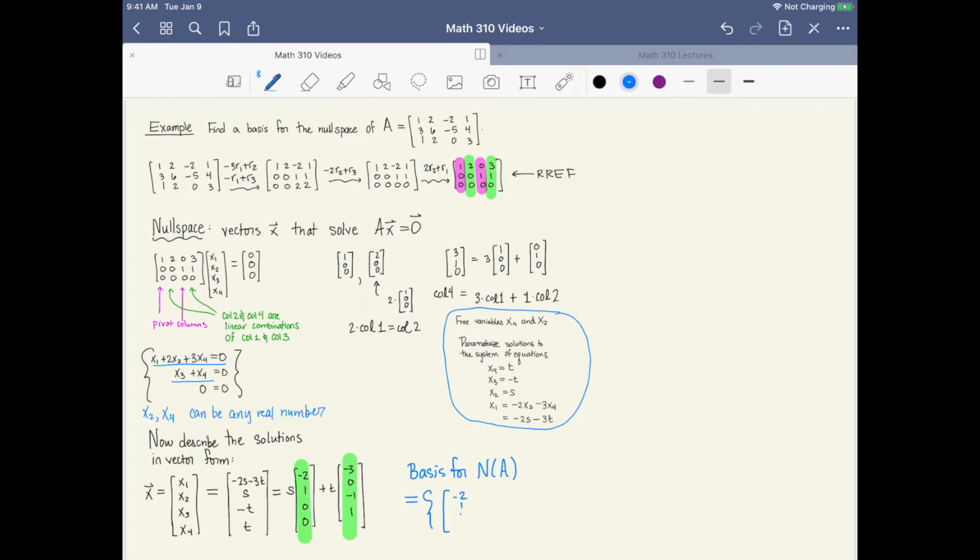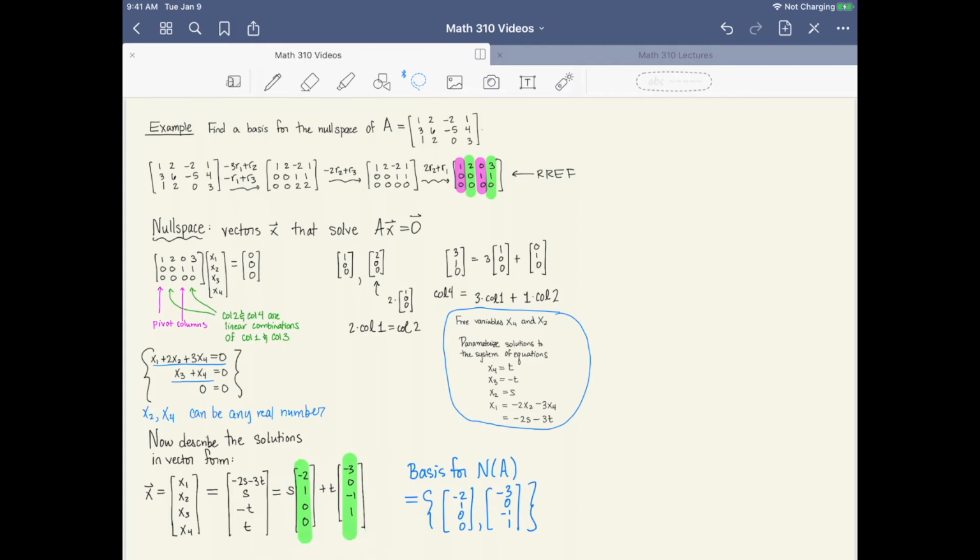Because anything that solves the equation Ax equals 0 is of the form scalar times minus 2, 1, 0, 0 plus scalar times minus 3, 0, minus 1, 1. That's what it means for these two vectors to be a basis for the space of solutions to Ax equals 0. And that's the definition of the null space. It's the set of solutions to Ax equals 0.